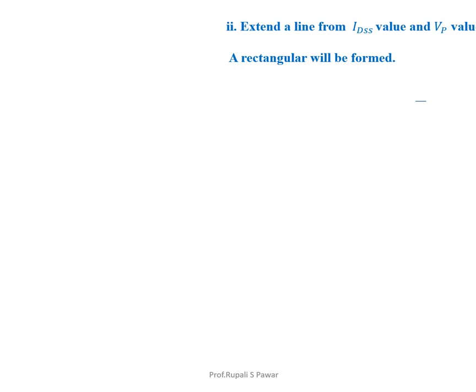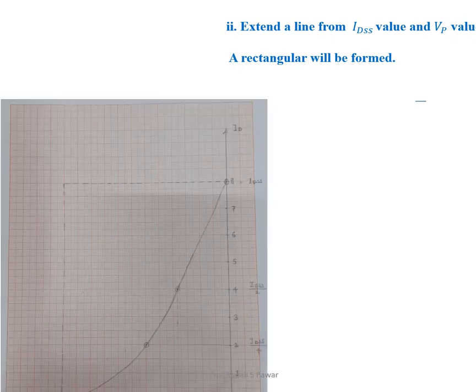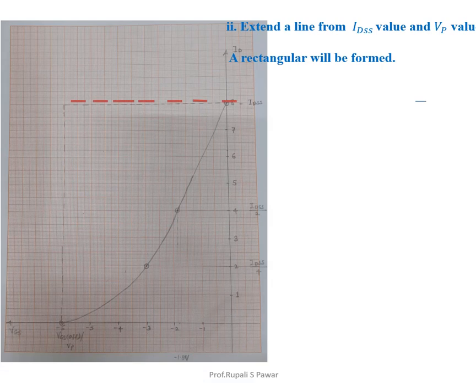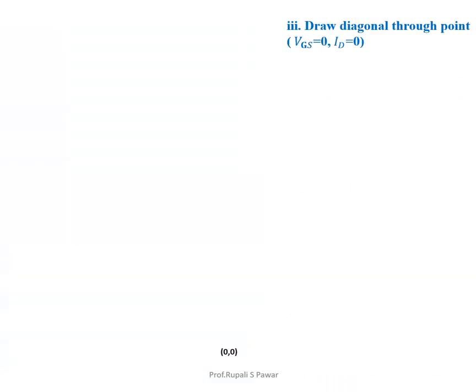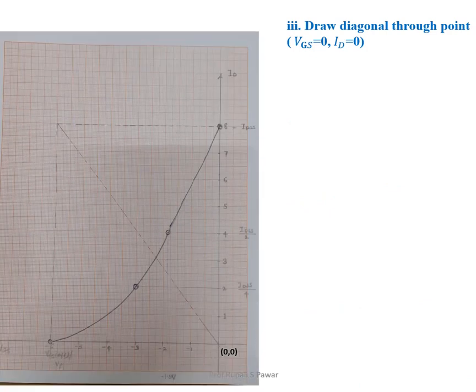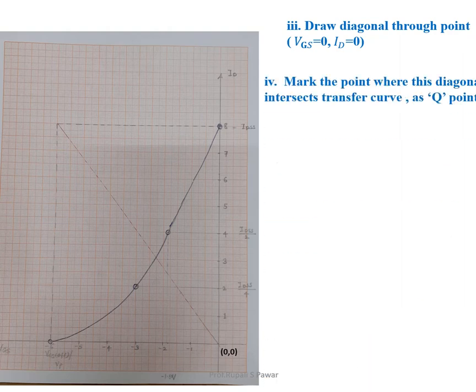Then extend lines from IDSS and IP value to get rectangle. Then draw diagonal through point VGS equal to 0 and ID equal to 0. Then mark the point where the diagonal intersects curve as Q point.